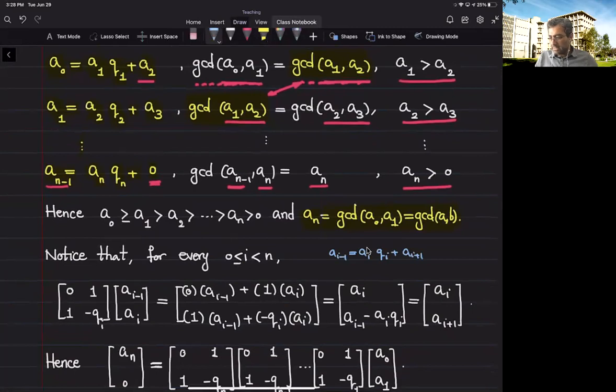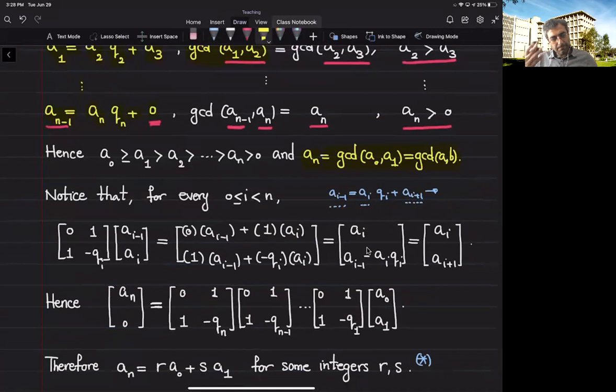That means A sub I plus 1, the next one, can be computed in terms of A sub I and A sub I minus 1. We can capture this in the following matrix multiplication. This is an amazing matrix multiplication.